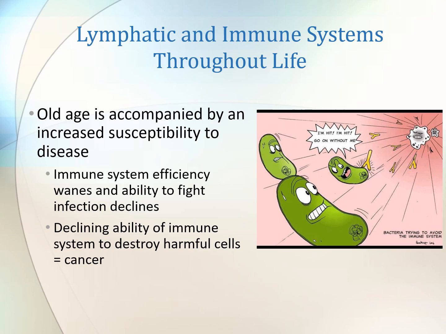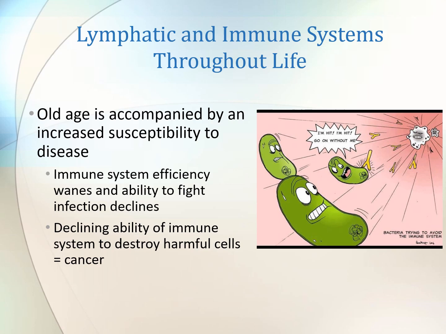As we age, our immune system definitely declines. We have increased susceptibility to disease, which we see, right? Older people tend to have weaker immune systems. We're going through this right now with the coronavirus. Essentially the immune system is less efficient at fighting pathogens.